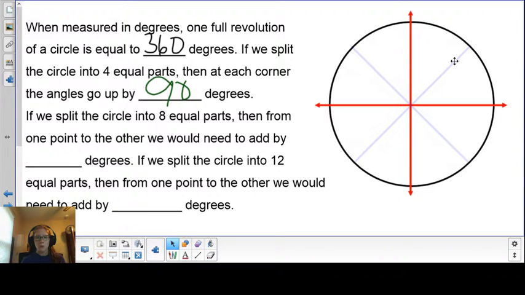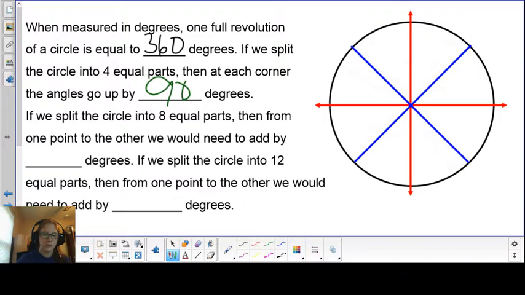What about when I split into 8 parts? Well, half of 90 is what? Good, 45. So my new angles on top of the red ones, my new spaces here, will go up by 45 degrees. What happens if I split my circle into 12 equal parts?